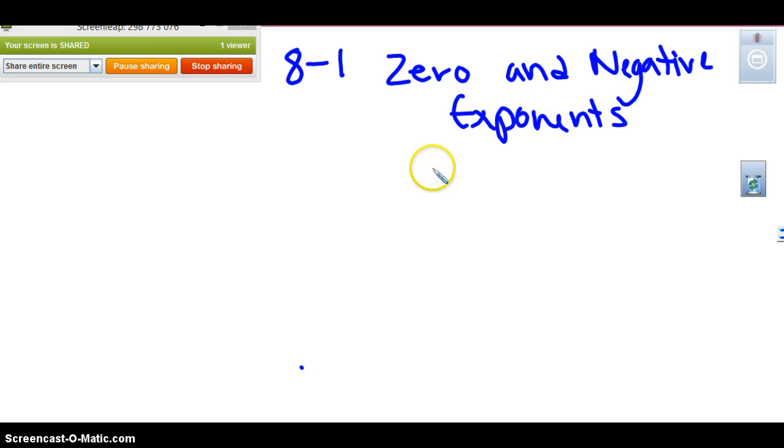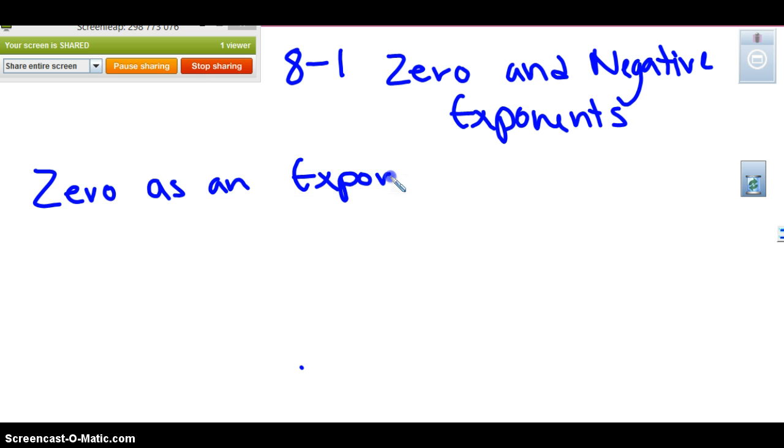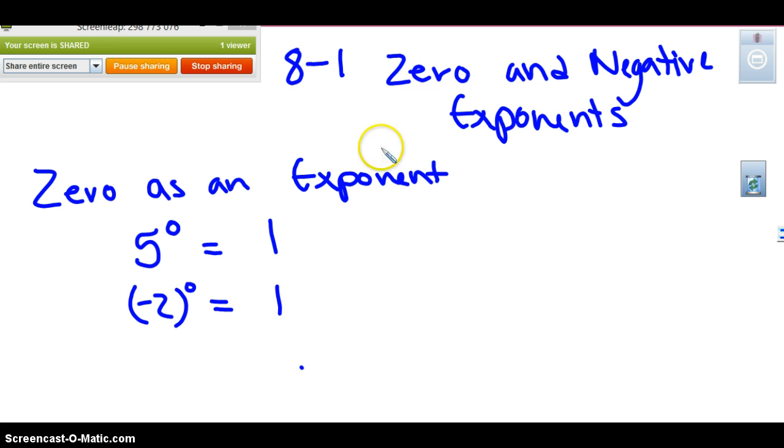Zero and negative exponents. So what's a zero exponent, or zero as an exponent? For example, if we have 5 to the 0 power, that would equal 1. If we have negative 2 to the 0 power, that would equal 1.